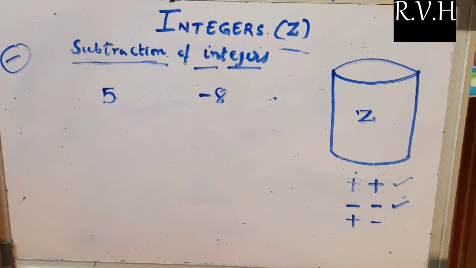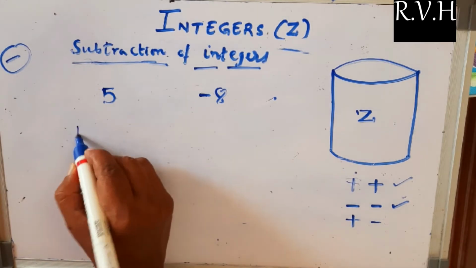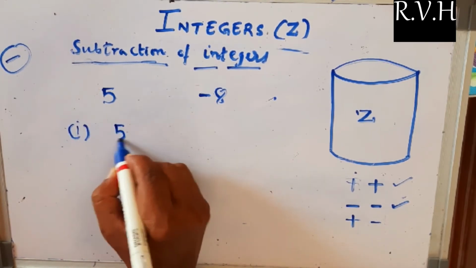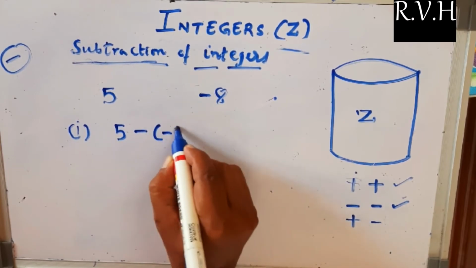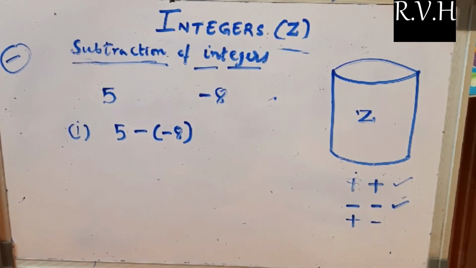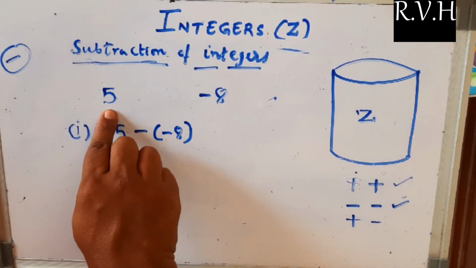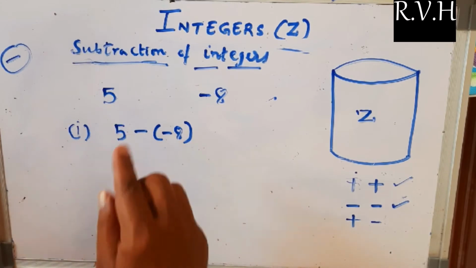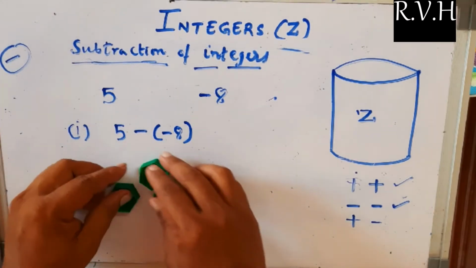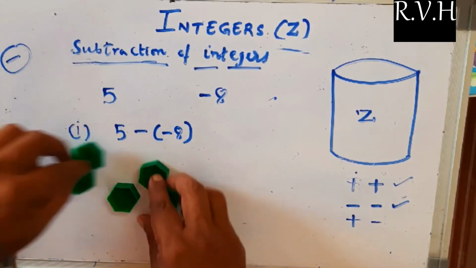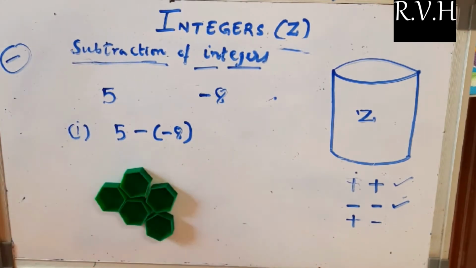First case, we are going to subtract minus 8 from 5. How to subtract minus 8 from 5? This is quite interesting. We took the positive number first. That's why I'm going to have 5 green ones. This is 5.